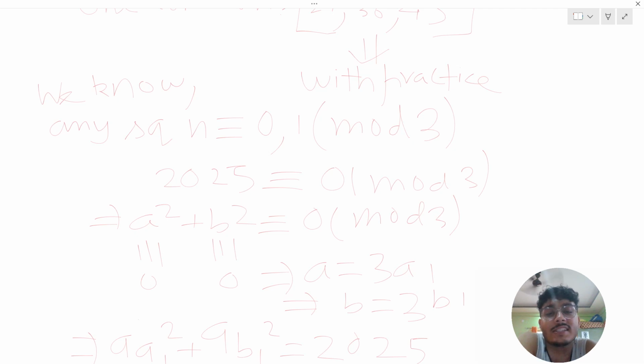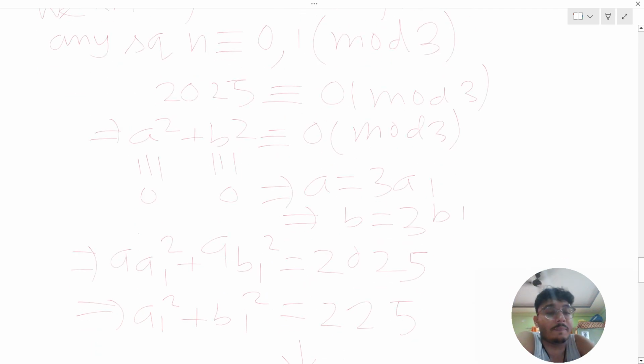Now if in one equation my RHS is congruent to 0 mod 3, then my LHS should also be congruent to 0 mod 3. Now my summation is this, so individually they must be congruent to 0 mod 3. Congruent to 0 mod 3 basically means it should be a multiple of 3. So I take a to be 3a1 and b to be 3b1.